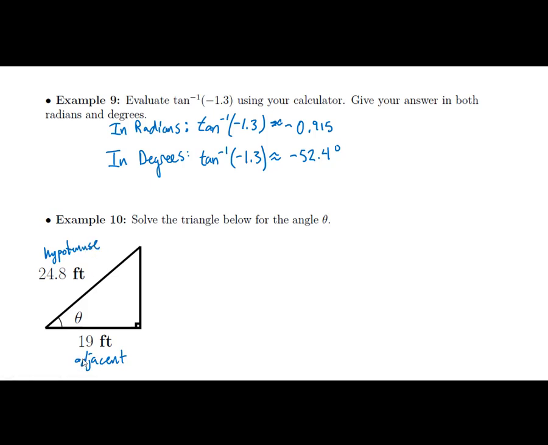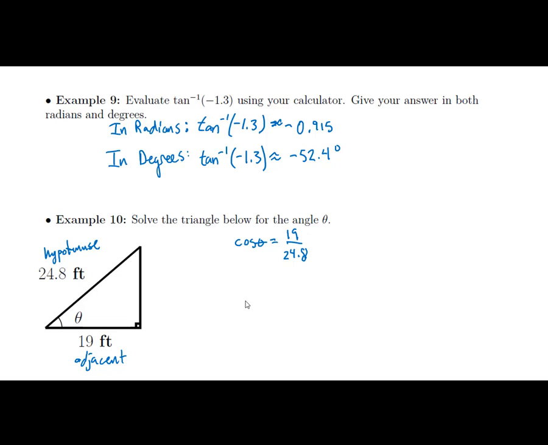So the moment I hear adjacent and hypotenuse, I should be thinking cosine. So the cosine of theta is equal to the adjacent 19 divided by the hypotenuse 24.8.